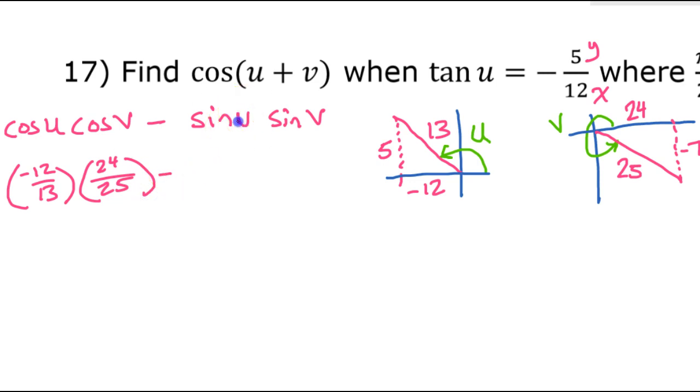All right, it's hard to tell what letter it is. So sine u, that is y over r. So that's 5 over 13. And then sine v, negative 7 over 25.